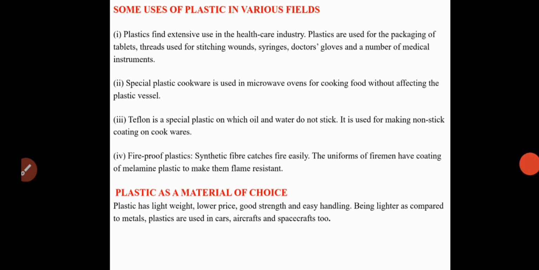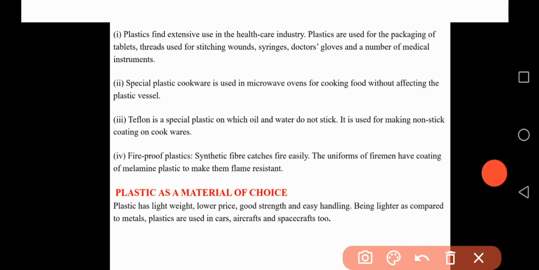Next, coming to plastic as a material of choice. First you have to select the particular plastic. We are using plastic everywhere because plastic is lightweight, lower price, good strength, and easy to handle, being lighter as compared to metals.